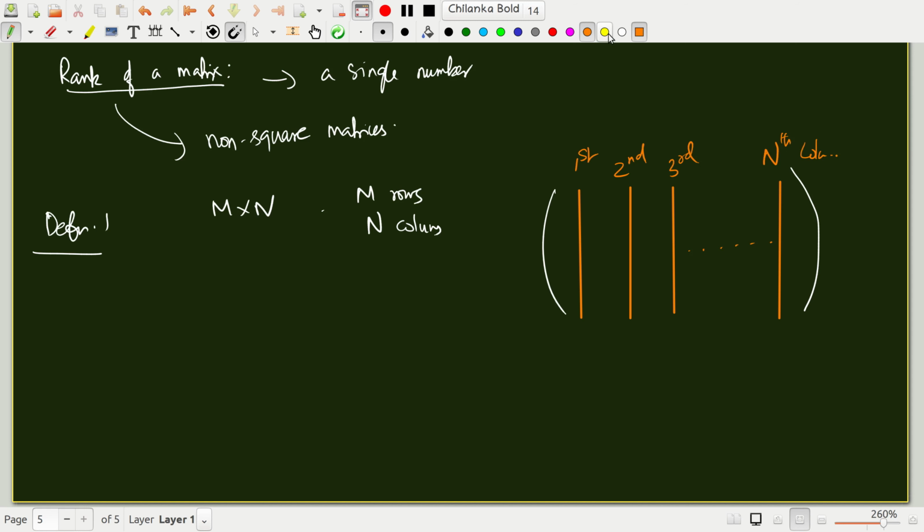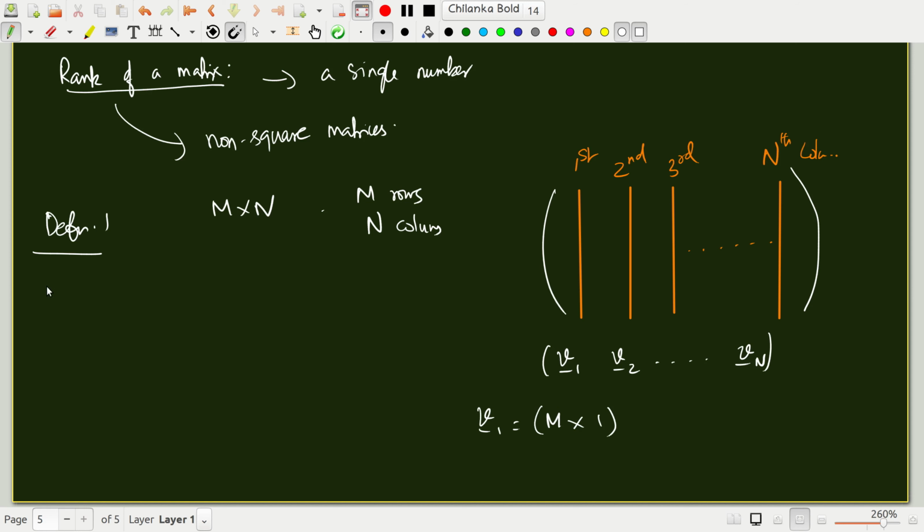Okay, so what is the rank of A? You can think of these column vectors as the collection v1, v2, up to vn, and each of these vectors is a vector which has m rows and one column, right? Because there are m rows, each of these is an m by 1 vector.